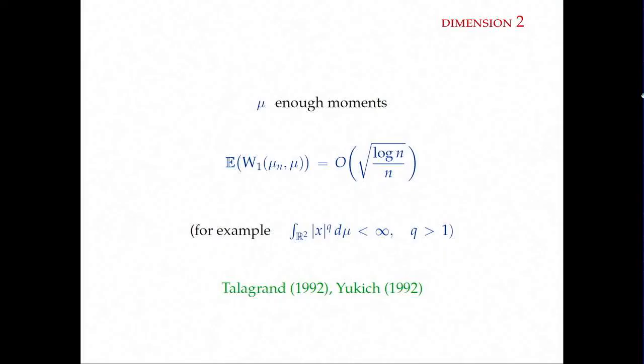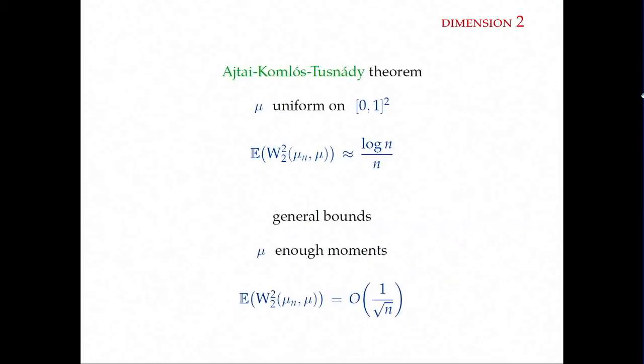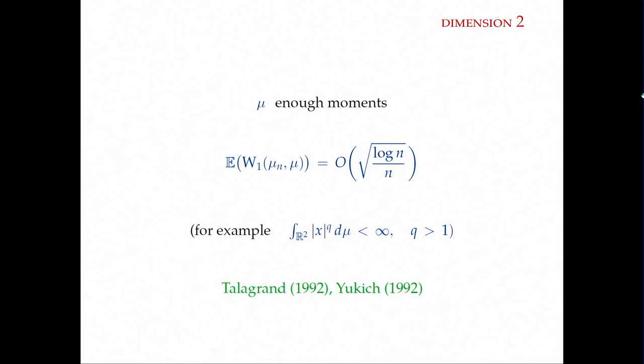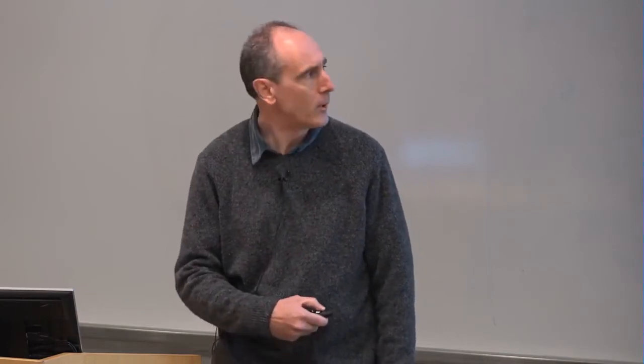And this rate has to be compared with the case of W1, where again W1 is easier, and it was proved already a long time ago that as soon as you have something just bigger than the first moment, you have the correct rate for W1. So again, W1 is easier than W2.